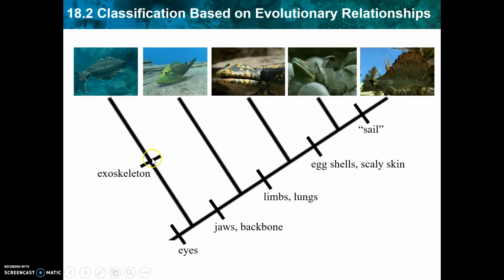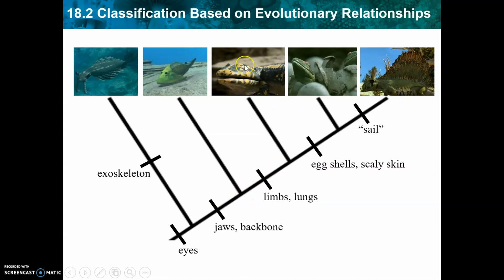They were the only ones with an exoskeleton, so if you put the exoskeleton on this branch, good job with that. That's exactly where it should go. Next we have our fish. Fish have the derived trait of jaws and backbone. So do all of these other organisms here, right? So we put it here, and everything from this point on has jaws and a backbone.